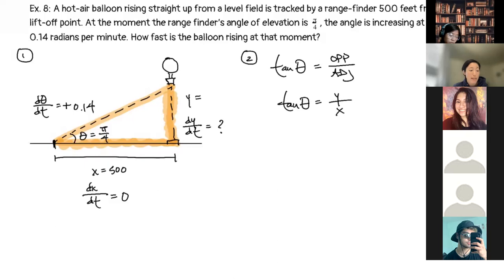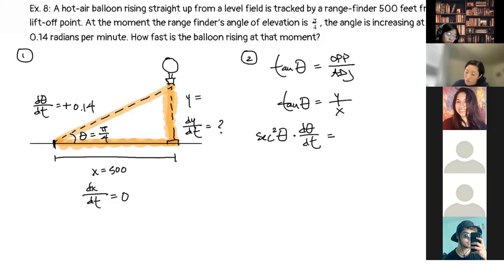We know we're looking at rates of change. Let's go ahead and take our derivative. The derivative of tangent is secant squared theta. Because we're considering this sort of like chain rule, or because we're measuring everything as it changes over time, we need a d theta dt.